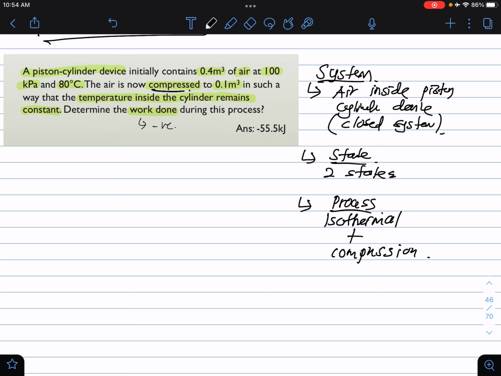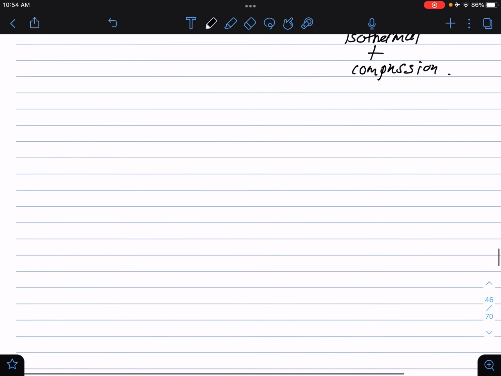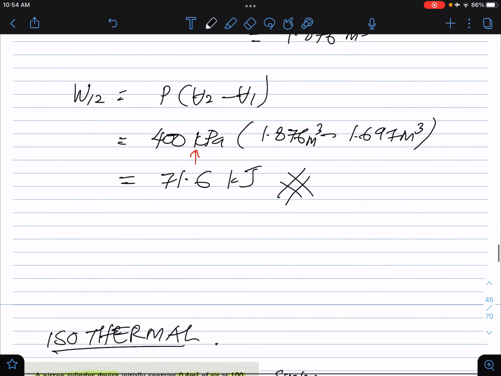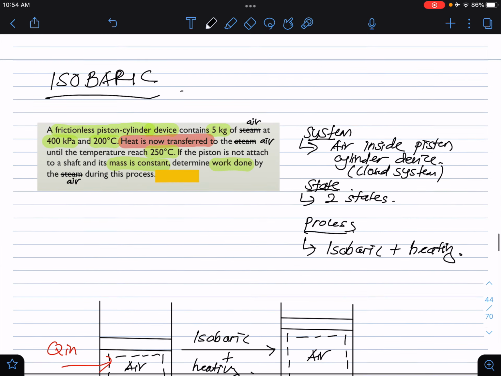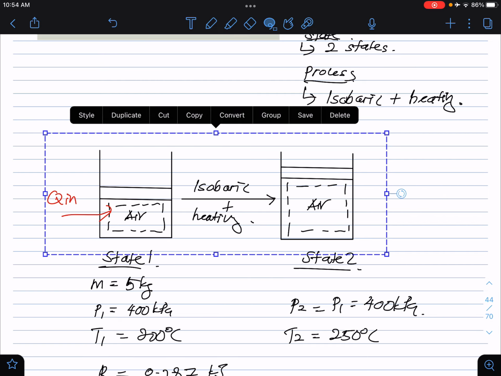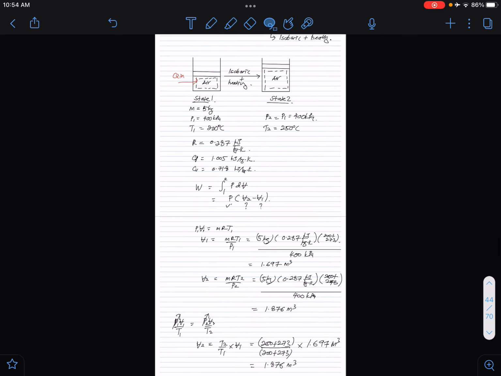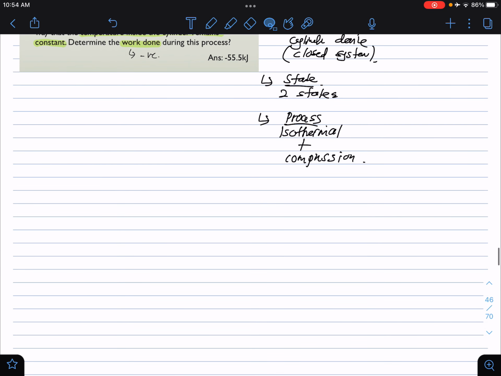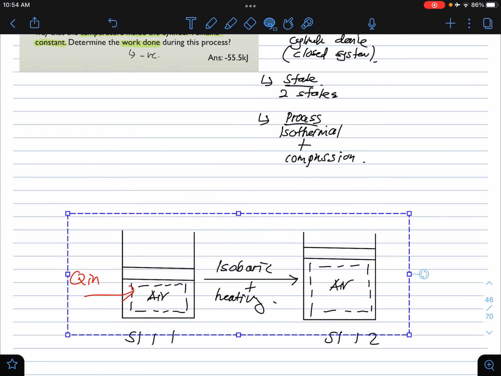Now you can start to sketch your problem. I think I will just use the previous sample and copy the diagram. And then press here.